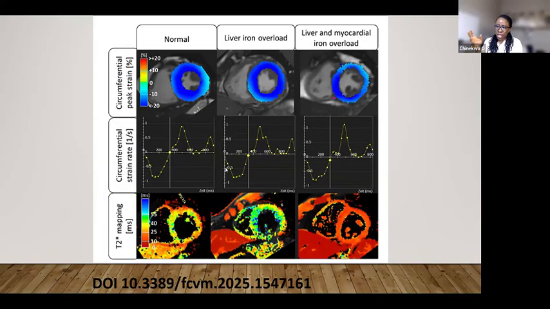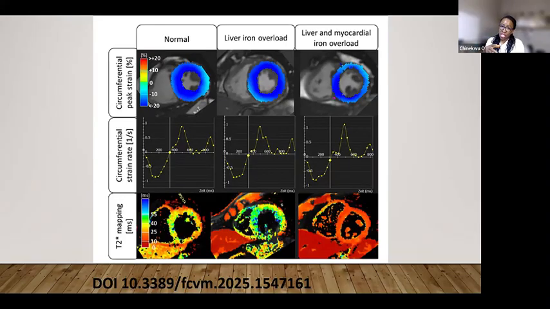And the importance is that if patients already have maybe a genetic transfusion-dependent anemia, we can actually at intervals do their cardiac MRI and assess their T2 star times.